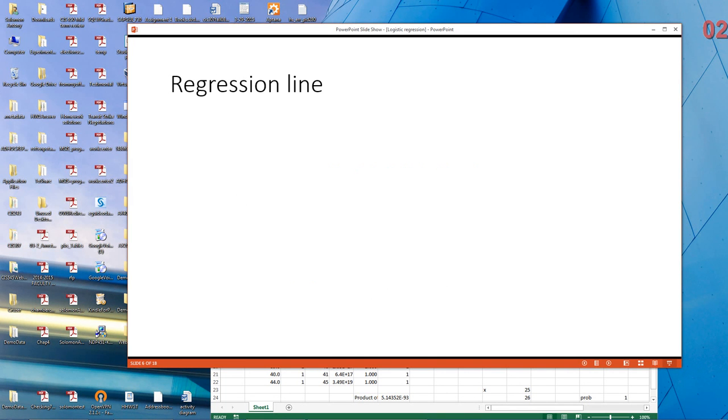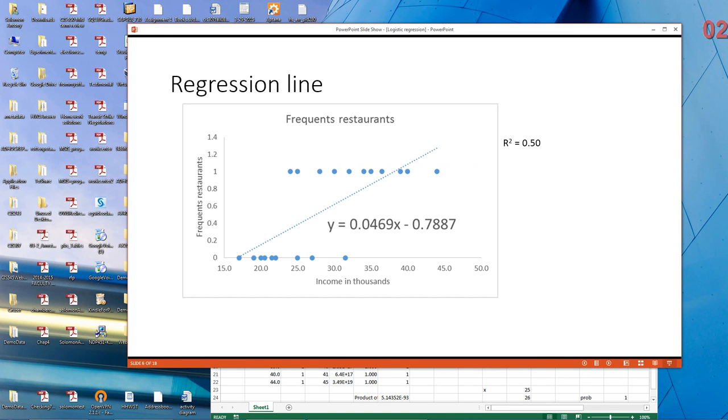Now if you build a regression line for this, it may look something like this. As we'll see in a few minutes, if you do it in Excel, this is what you come up with. Now if you try and use this expression to predict y for x equals 25, y becomes 0.3838.